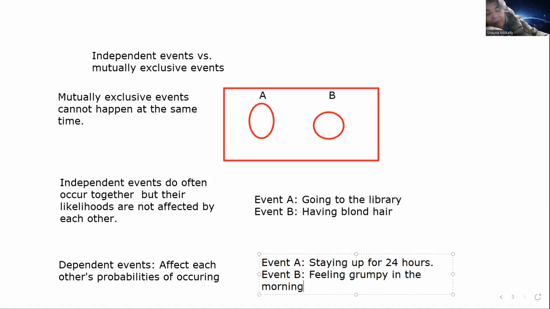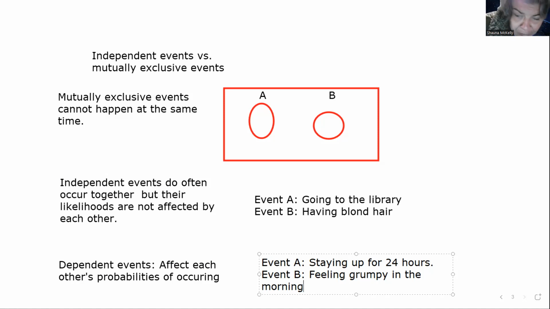Those are dependent. You're more likely to feel grumpy in the morning if you stay up than if you don't stay up, right? People can feel grumpy whether or not they stay up. Maybe they do, maybe they don't, but you're probably more likely to feel grumpy if you've stayed up for 24 hours. Those might be dependent events. There are other examples, but that's what we're talking about here. Okay. So I hope that clarifies a bit.